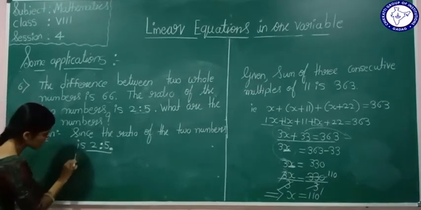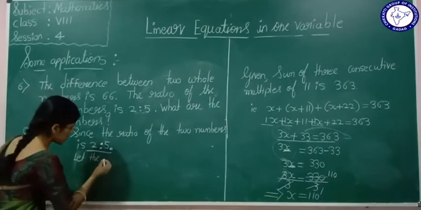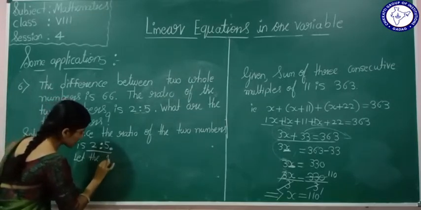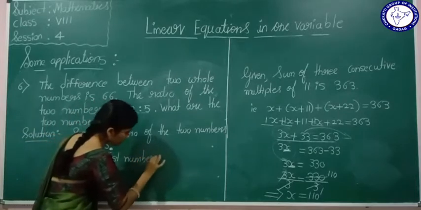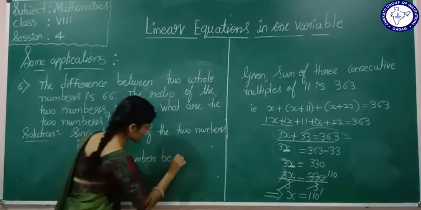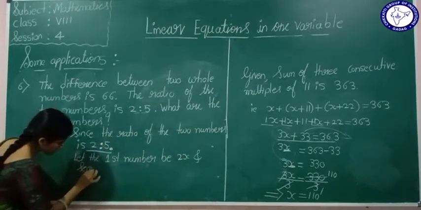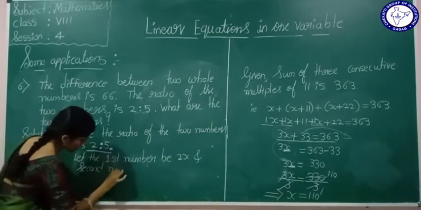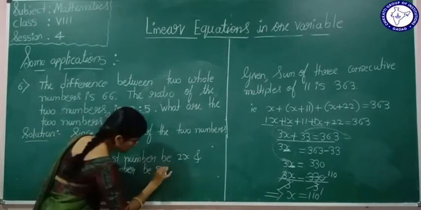What we will do here: let the first number be 2x and the second number be 5x.